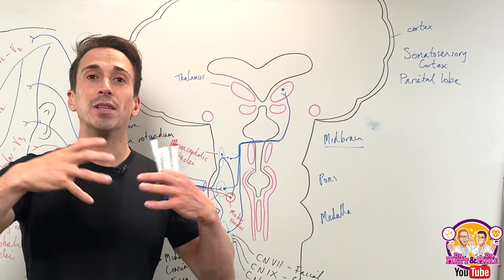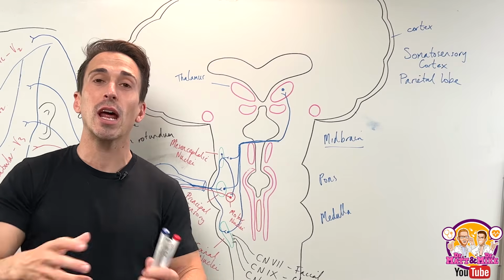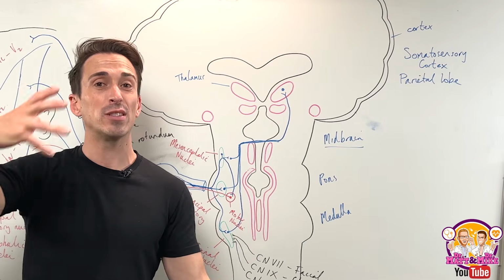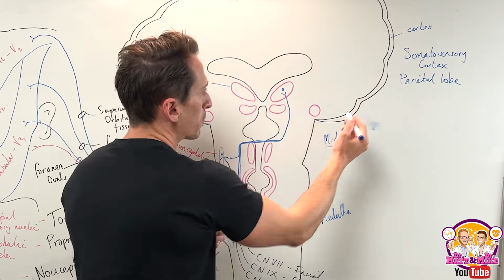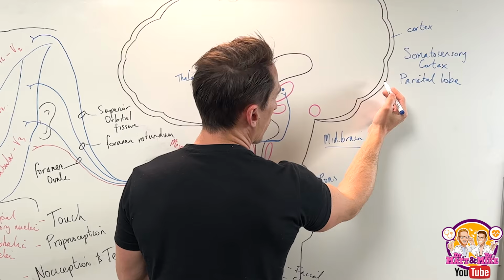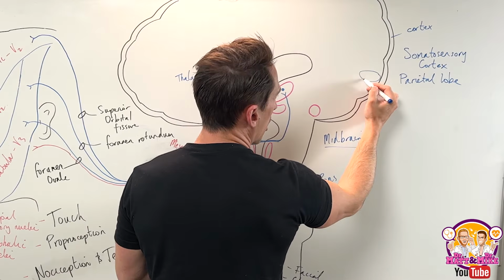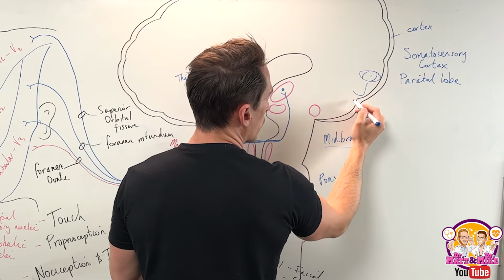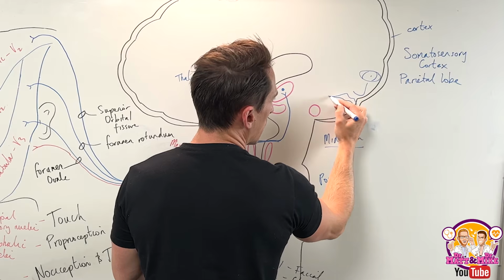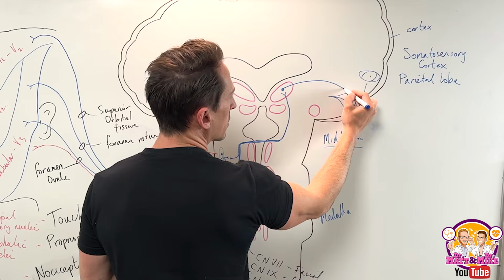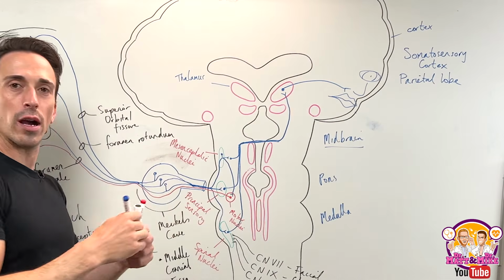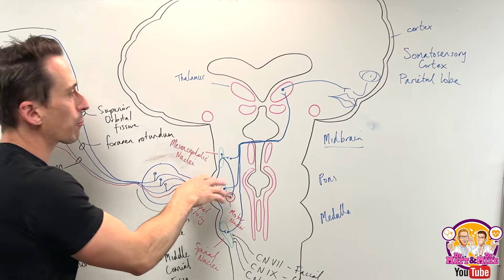Areas that have more dense locations of neurons are going to have larger areas mapped to it. That includes that of the face. And in actual fact, the face is predominantly located in this particular area here. So we're going to have things like the eyes, we're going to have the nose, we're going to have the lips and the tongue and so forth. So this information is going to be sent to this particular area via the thalamus. And here's our 3-neuron chain.